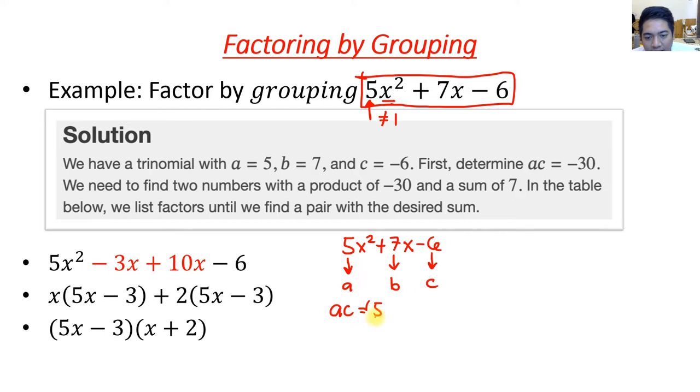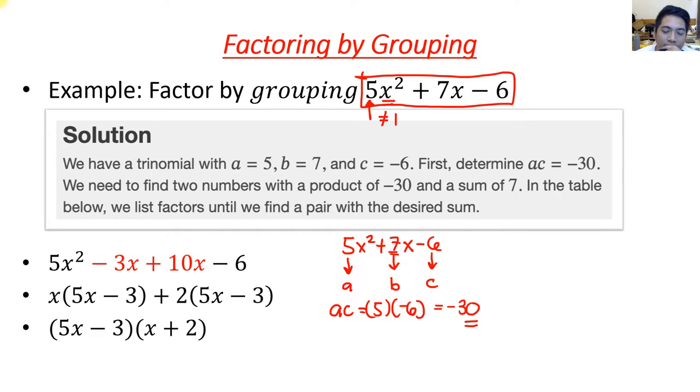That would be 5 and negative 6, which is negative 30. So now you are going to think of two numbers such that when we multiply, it should be negative 30, and when we add, it should be 7.